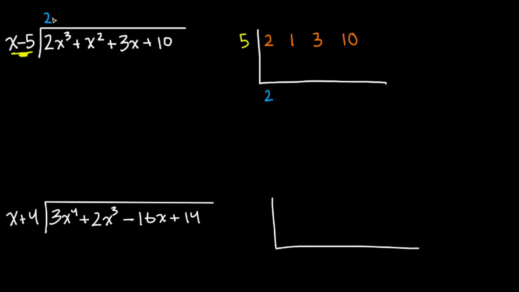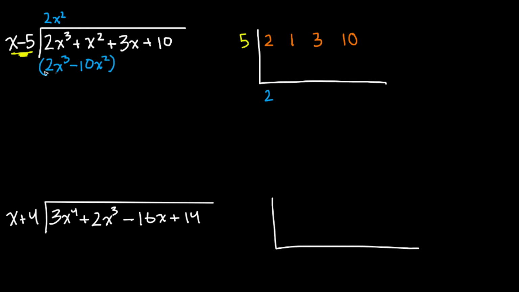Then to match up the degree here, we have a 2x squared. Then 2x squared times x will be 2x cubed, as we wanted. 2x squared times negative 5 will be negative 10x squared, as we also wanted.